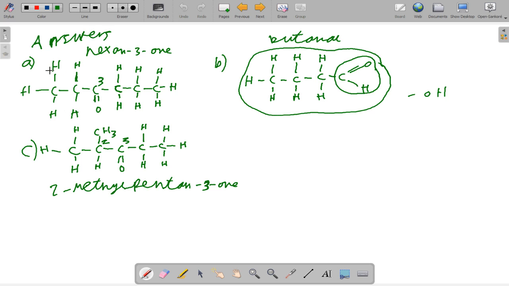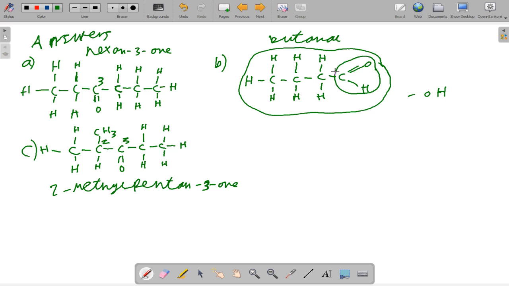Right, we'll look through the answers now. So for hexan-3-one, we get the double bond O group, and you have 6 carbons, hex meaning 6, and you fill in the rest of the hydrogens there. For butanal, you have the aldehyde group C double bond O H, not OH as in the alcohol.